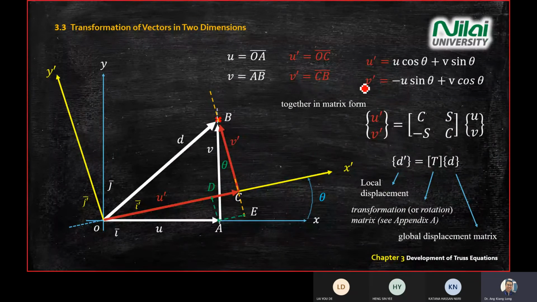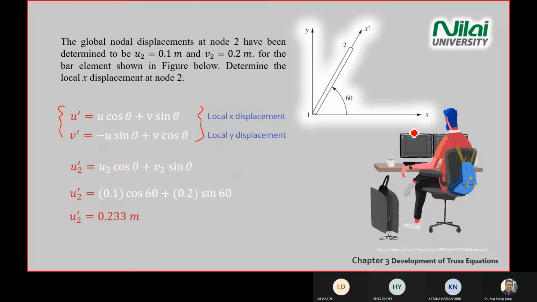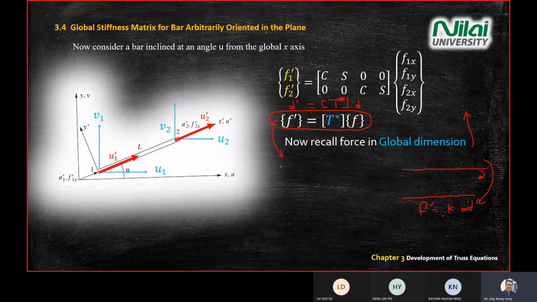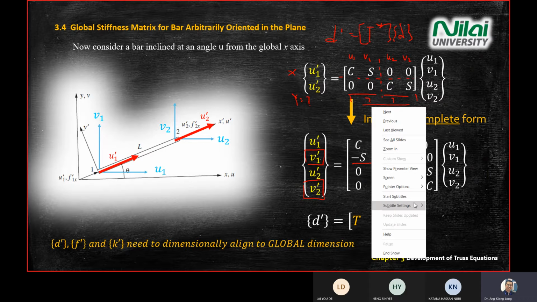So recall this equation, and just now this equation was missing in our matrix. So U1 equals negative U sine theta plus V cos theta. We put this back into the matrix. That's why we will have this one.